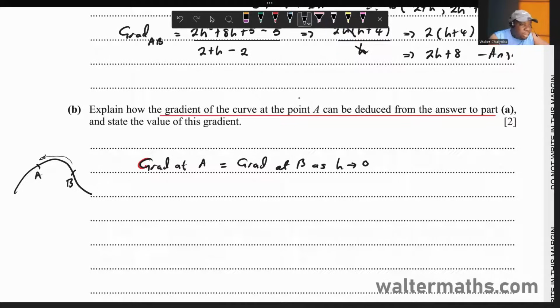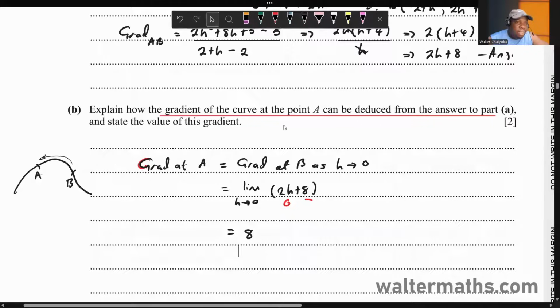So the gradient at B as h approaches 0 would be the limit as h approaches 0 of 2h plus 8. So if h approaches 0, it means we're just left with the constant 8. So therefore, the gradient will be 8. So that's essentially how we can do it for this particular question.